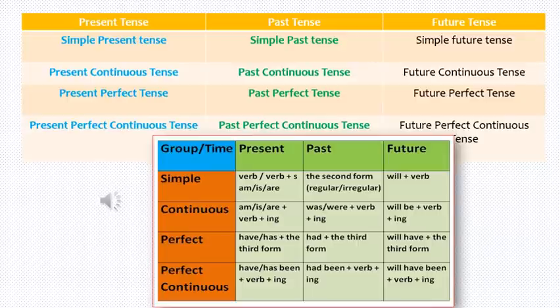I had been playing the drums since school time. That means he started playing in the past and it continued to a certain time of past. Okay, but now it is not continuing. That is the past perfect continuous.